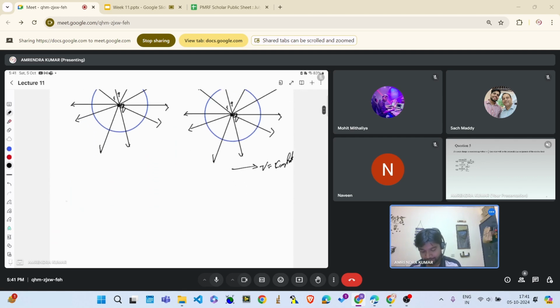But if it is accelerating, let's say with some acceleration a, the velocity will be a t.